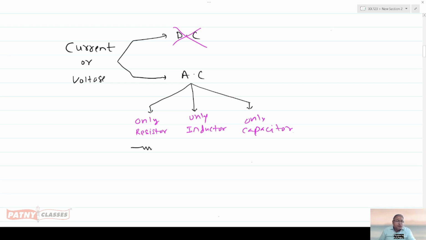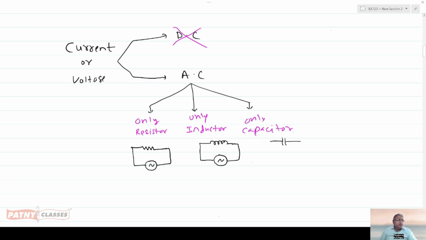So here is a single resistor, here is a single inductor, and this is a single capacitor. This single resistor is connected across an AC supply. In the second case, I am going to talk about a single inductor connected across the AC supply.